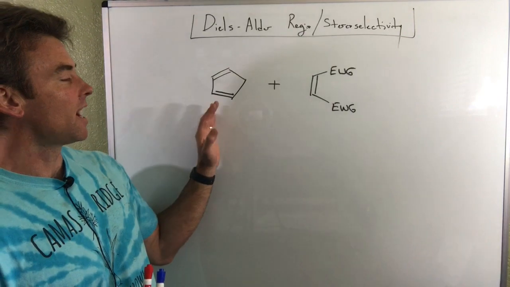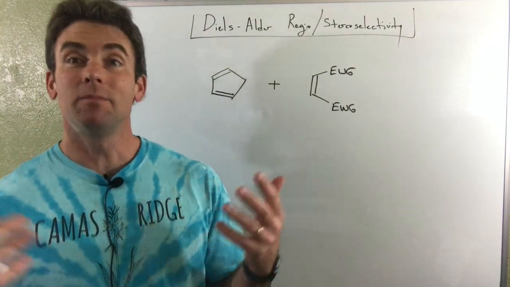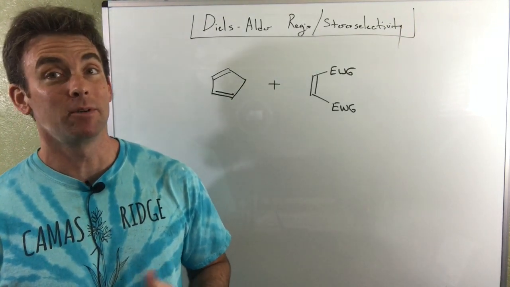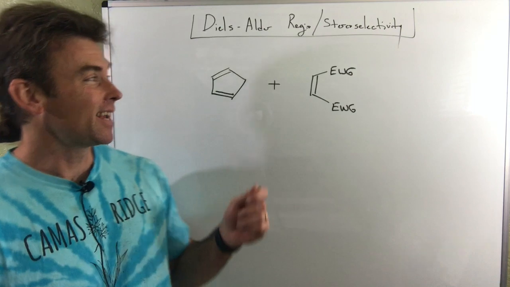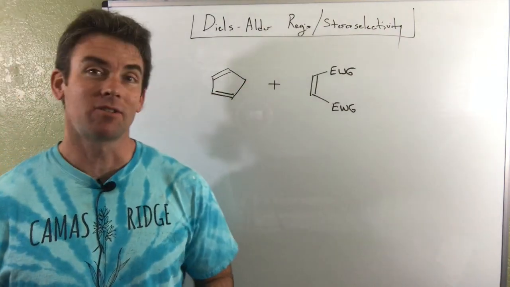And this diene could have some sort of electron donating group on there. It certainly proceeds a little faster if it did. I guess technically you can consider this one little CH2 here somewhat electron donating.